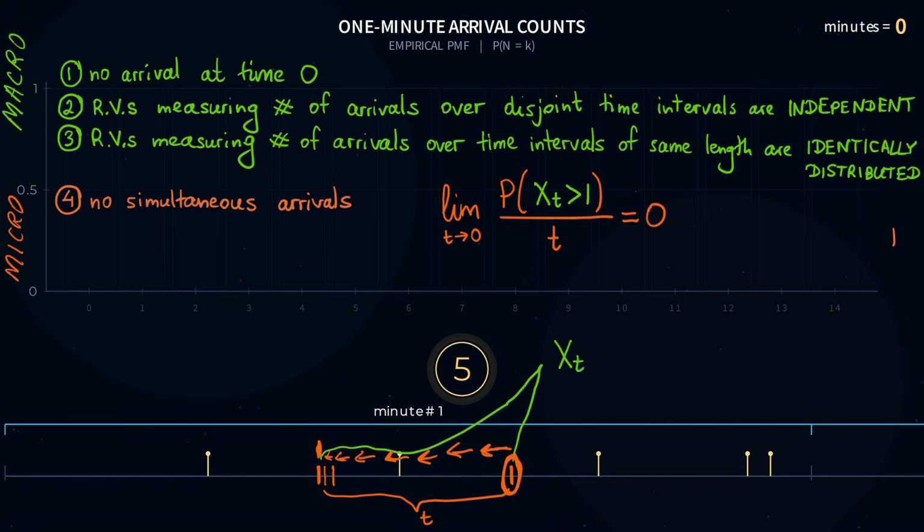It says that as t goes to 0, the probability that X_t is greater than 1 goes to 0, and it does so even faster than the rate at which t goes to 0.